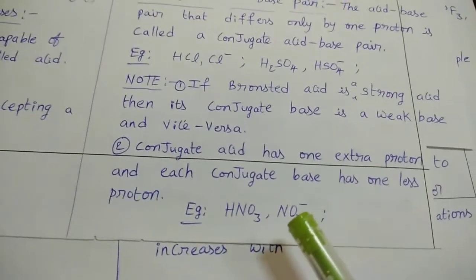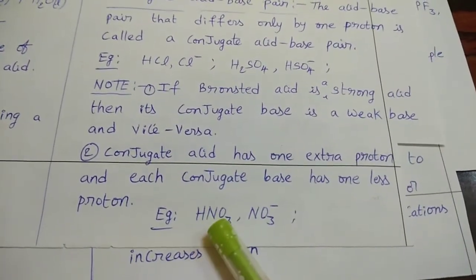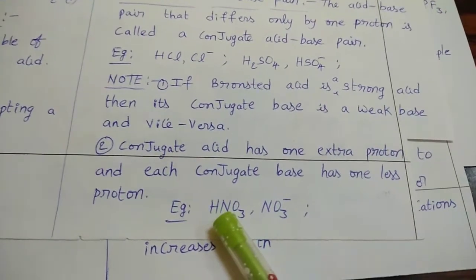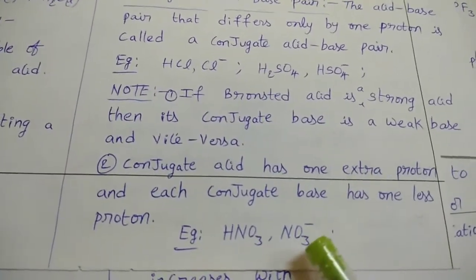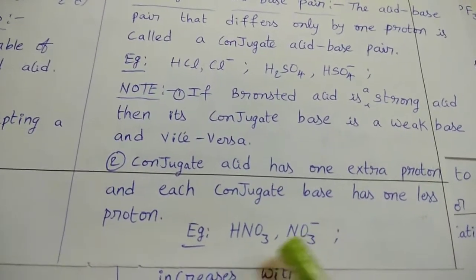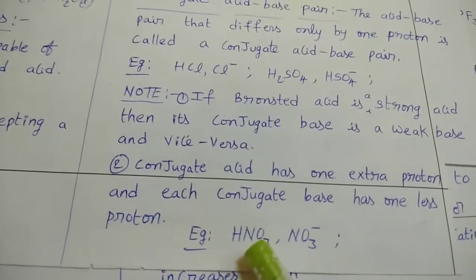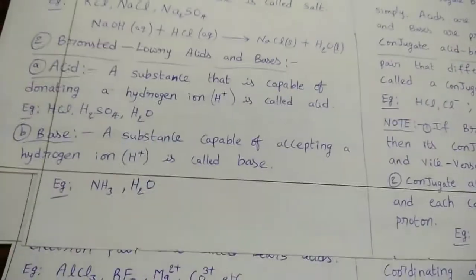It has one less proton than HNO3. For HNO3, it is a conjugate acid, and it has one excess proton. Understand carefully. Okay, next.